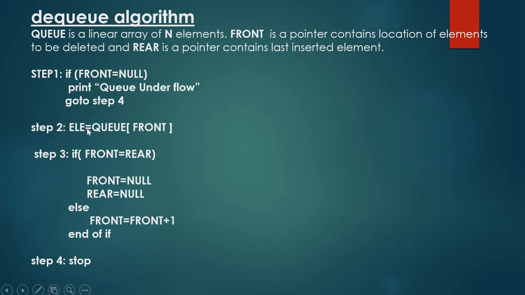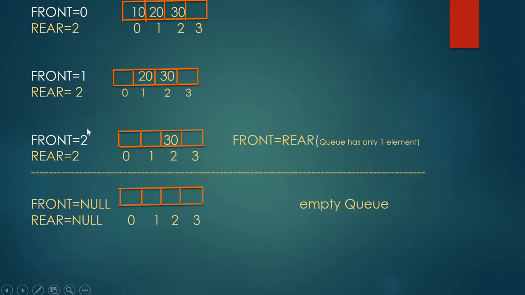Then we can consider one queue. See here in the first queue there are 3 elements, the first inserted element 10, then 20, then 30. In this case, what's the value of front? Front is equal to 0 and rear is equal to 2.